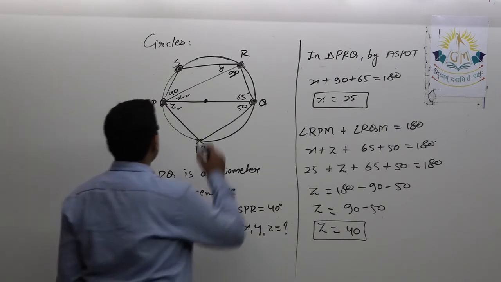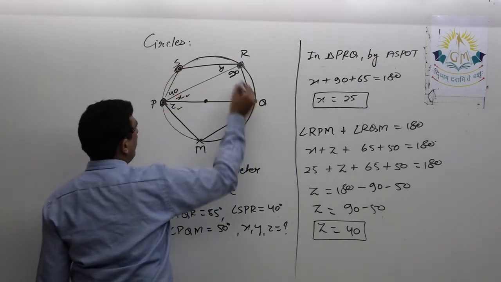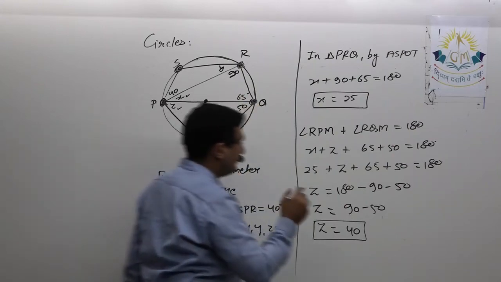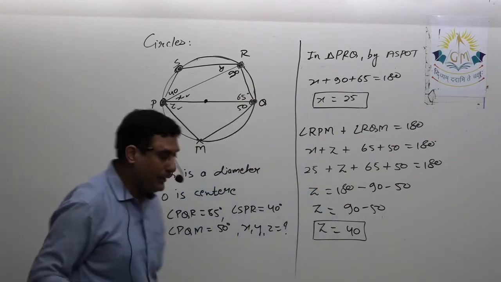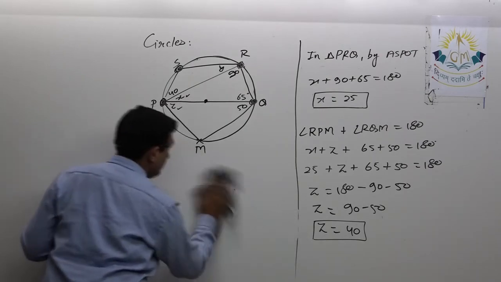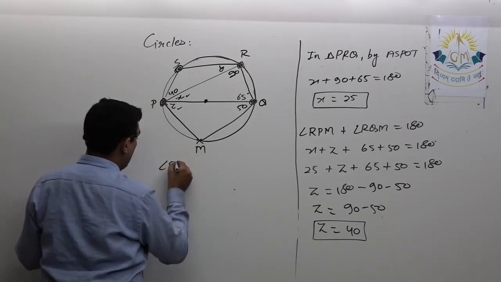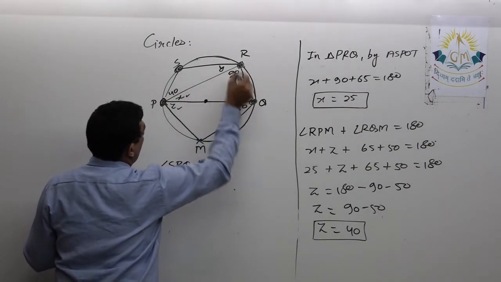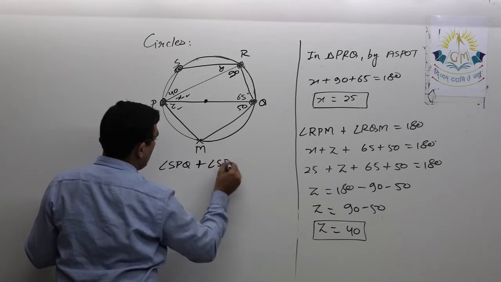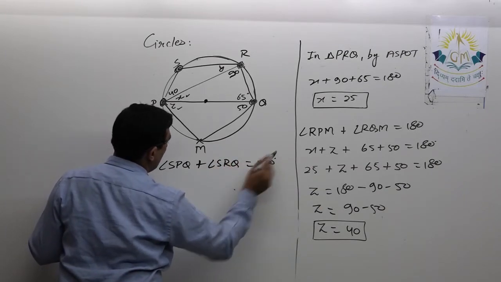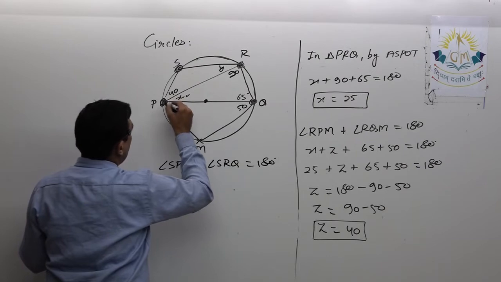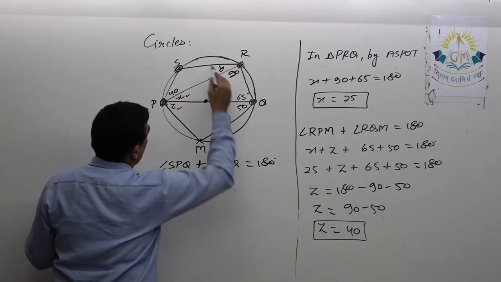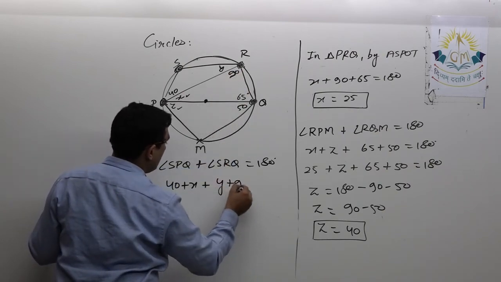Okay, so again, see these 4 points form a cyclic quadrilateral, so I can say angle SPQ plus angle SRQ is equal to 180. Now SPQ is equal to 40 plus X, and SRQ is equal to Y plus 90.